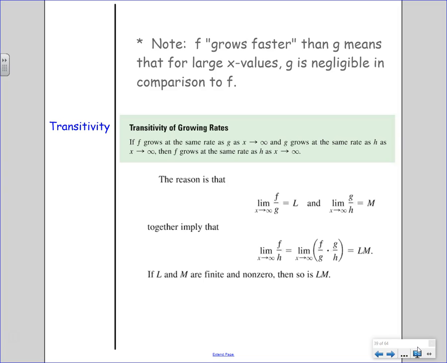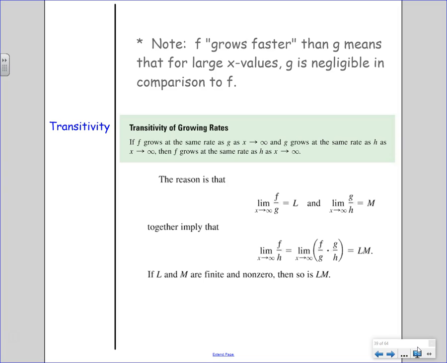But then they go ahead and show the proof as well, saying that if f is growing the same rate as g, what we can say is the limit of f over g is a constant. Same rate, think degrees are tied, they're going at the same rate. So the limit would be a constant. So if we try to put them together, f over h, we could just use the other two.